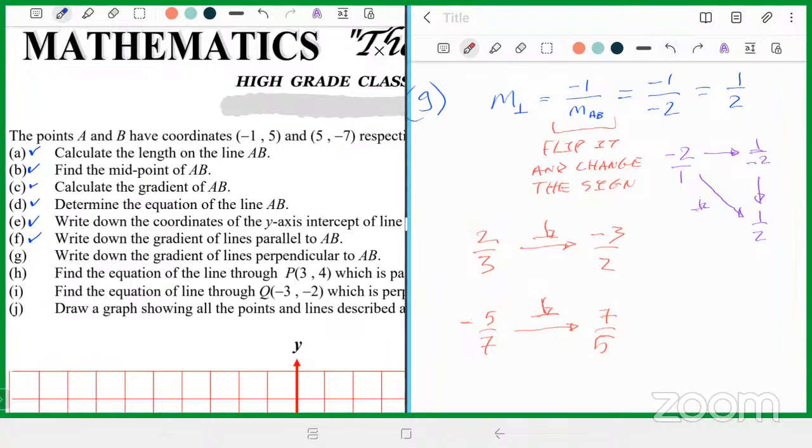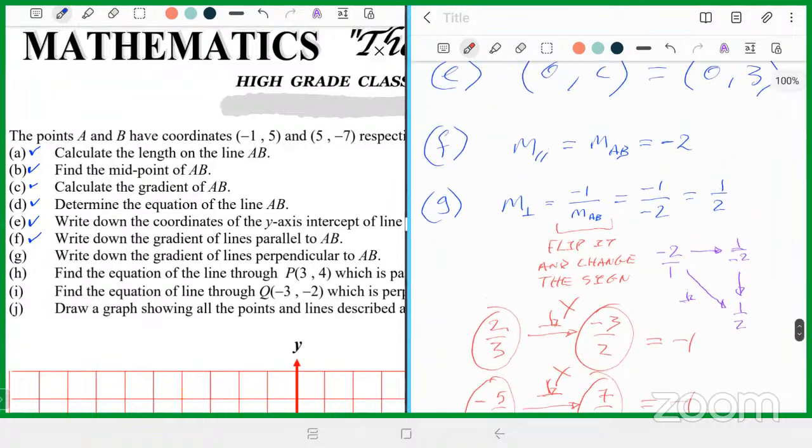Another thing we must know about perpendicular lines is that the product of the gradients equals -1, meaning when we multiply the gradients, for example, if I multiply this times this, it's going to work out to be -1. Similarly, if I multiply this and this, again, it becomes -1.